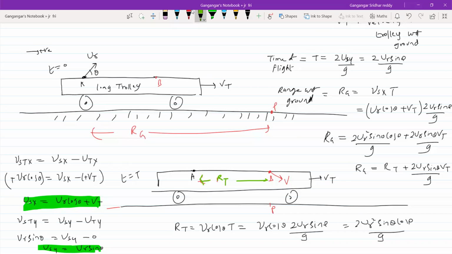It will strike at point B on the trolley, and that point B will be at the position of P. So I'll give symbols, P2 and P1. P1 will be somewhere here.